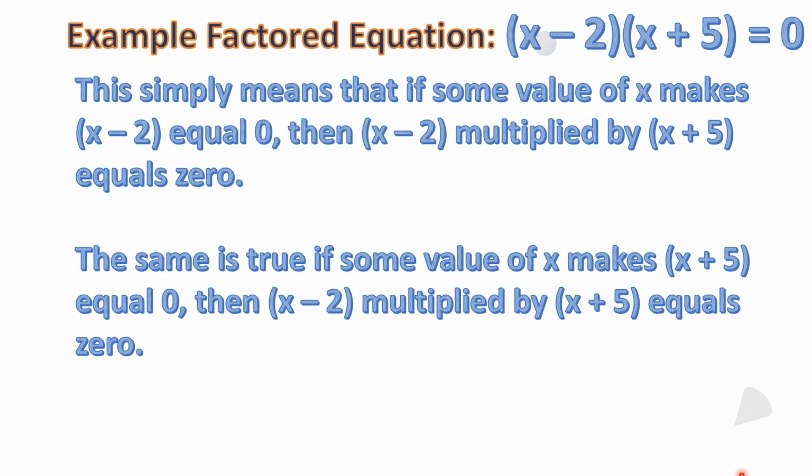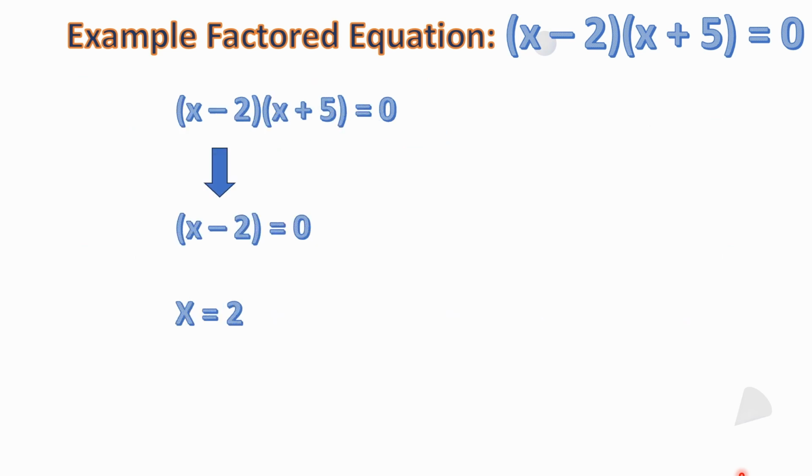So if that doesn't make sense, you can pause the video, reread that, or always back up. But let's work that through. Let's look at our first product here, which is the quantity x minus 2. Let's see what values of x, if we set x minus 2 equal to 0, well, right away we can easily see that x must be 2, right?